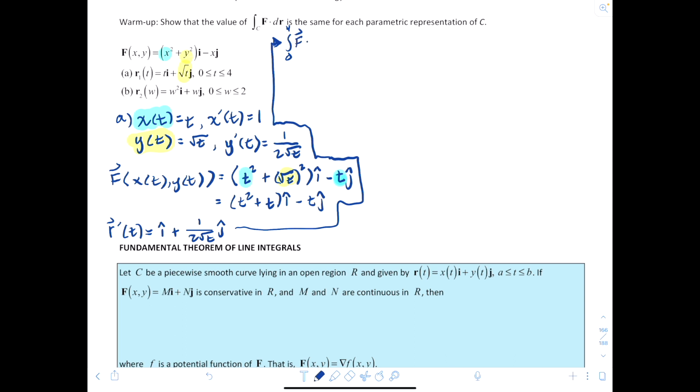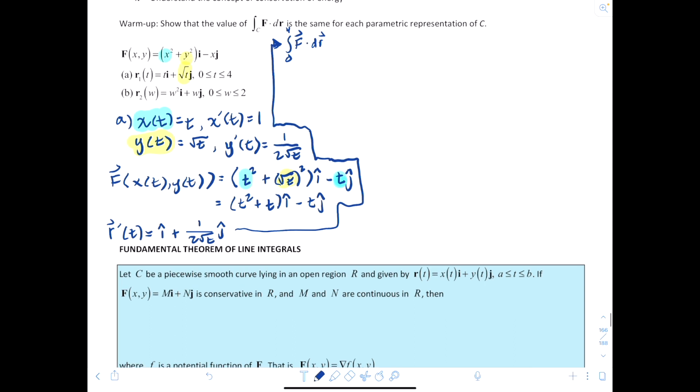The integral over the smooth curve of F dot dr is going to be the integral from 0 to 4 of the dot product. t squared plus t times 1 is t squared plus t.